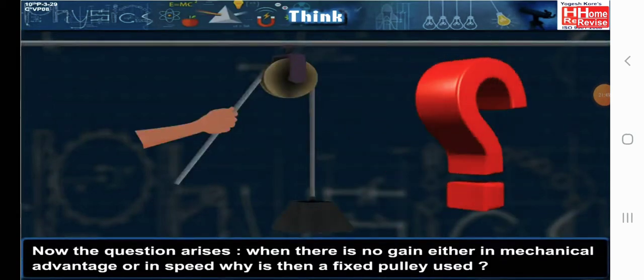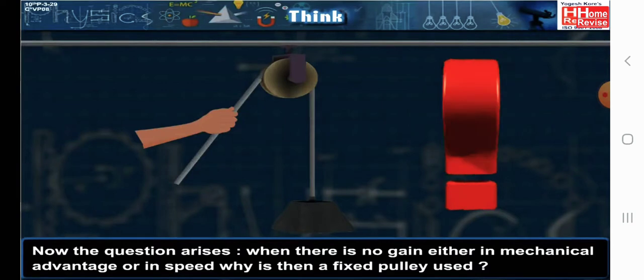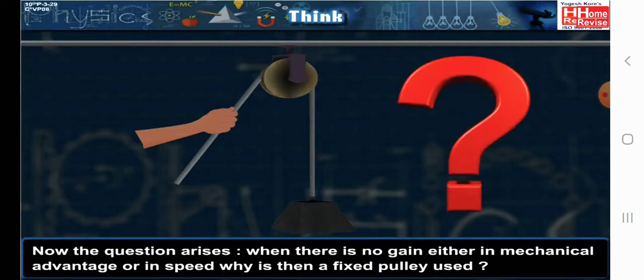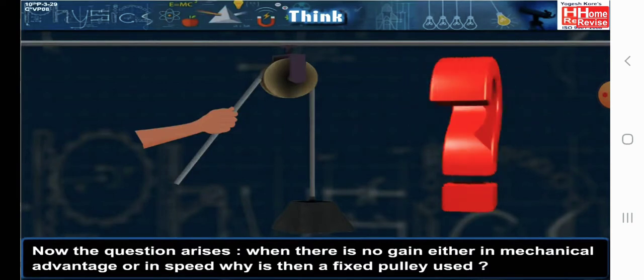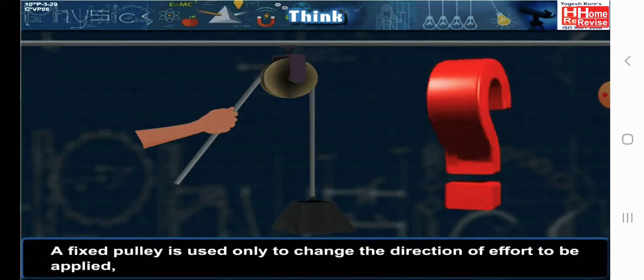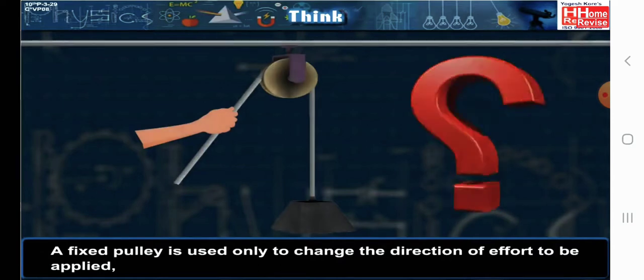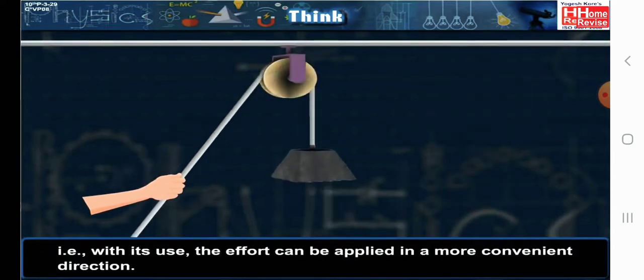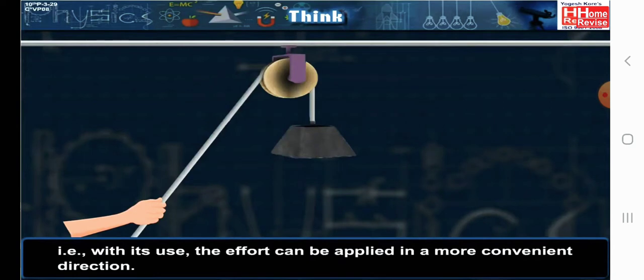Think. Now the question arises, when there is no gain either in mechanical advantage or in speed, why is a fixed pulley used? A fixed pulley is used only to change the direction of effort to be applied. That is, with its use, the effort can be applied in a more convenient direction.